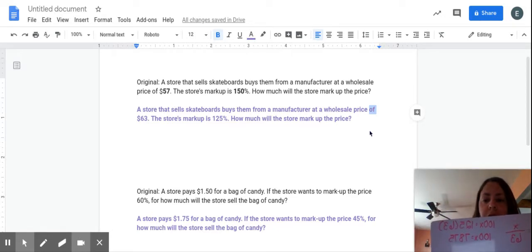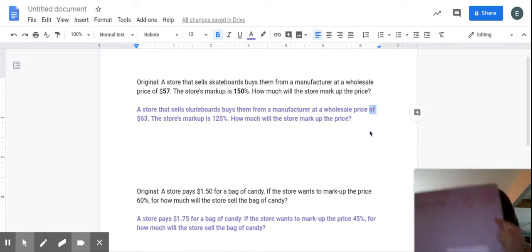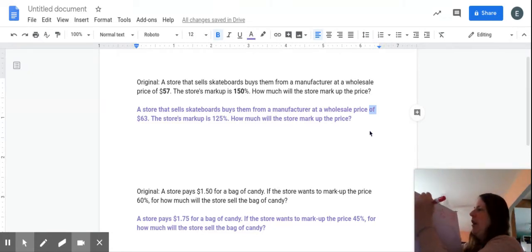You are going to multiply 57 times 150, okay? In your problem, you're going to have the 150 up here, the 57 down here. You're going to get 100x equals 57 times 150, okay? But you're still going to do everything else the same. Just switch out those numbers.